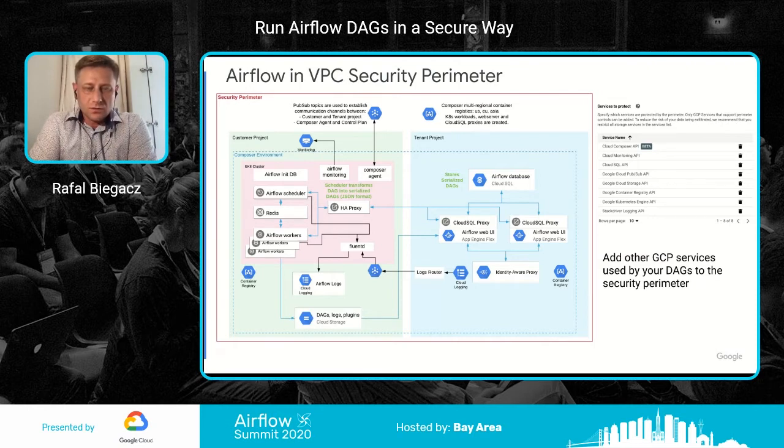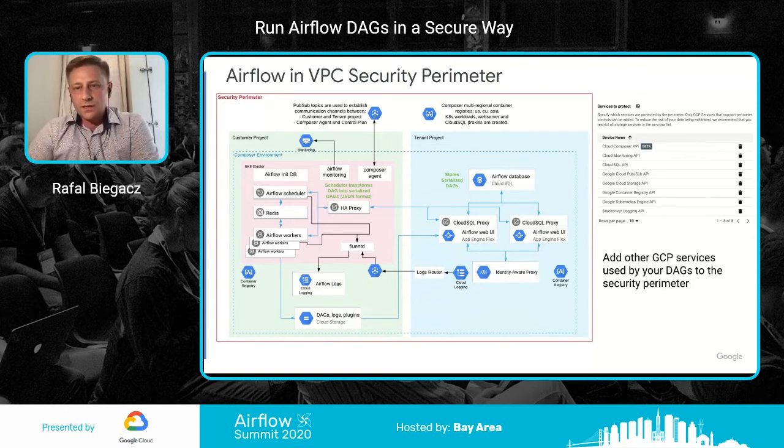We are also using Pub/Sub topics and subscriptions to establish communication between the Composer components. And as you can see, the security perimeter also includes everything, like customer resources and tenant project resources. Once you have such a setup, you can be sure that the risk of data exfiltration is much smaller.